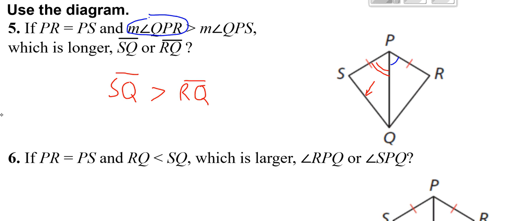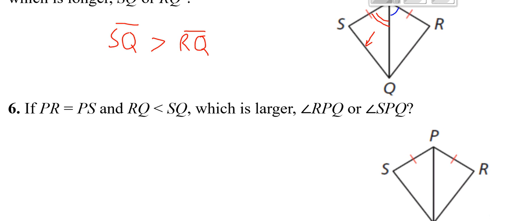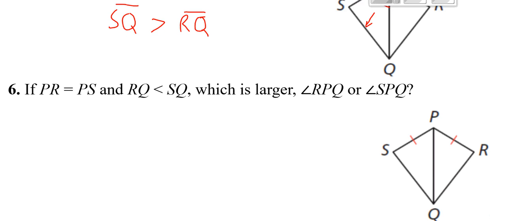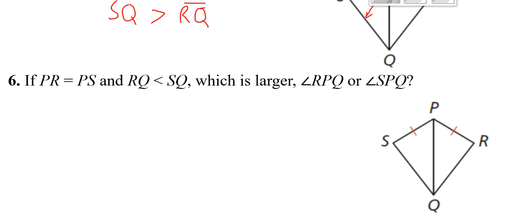Our last example here, if PR and PS are again congruent and the segment RQ is smaller than SQ, so this length is smaller than this length, which is larger, angle RPQ or SPQ, which are opposite of the sides given?